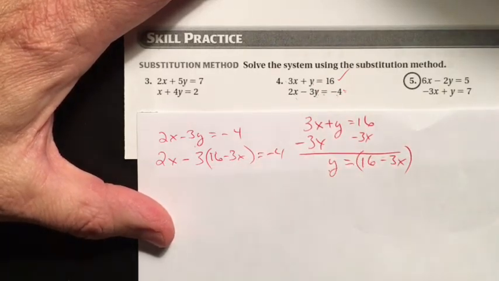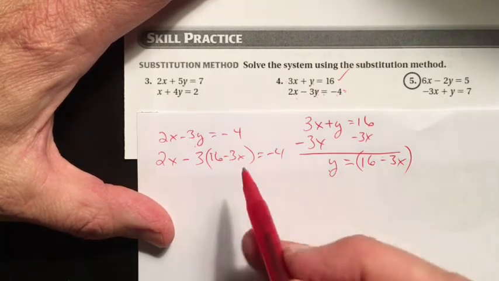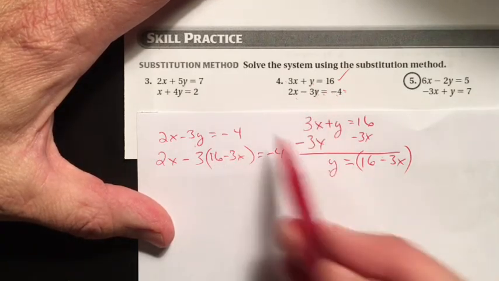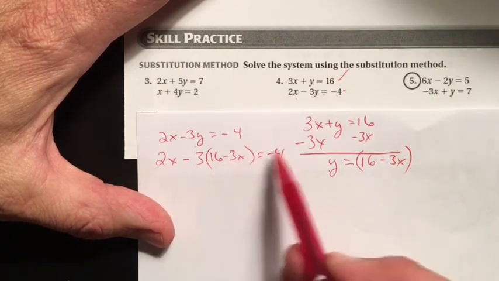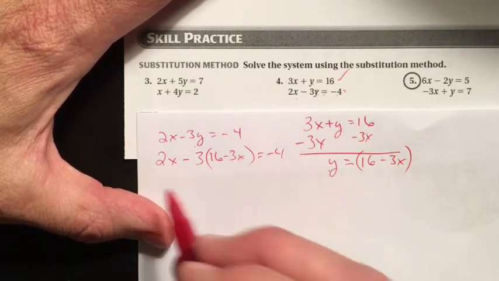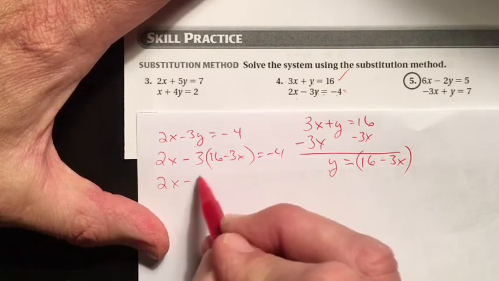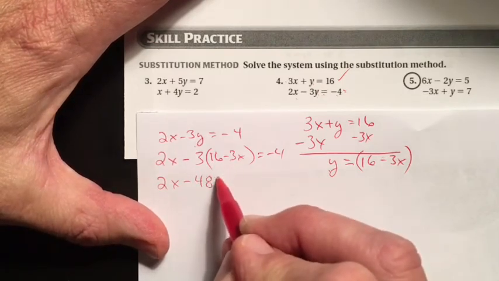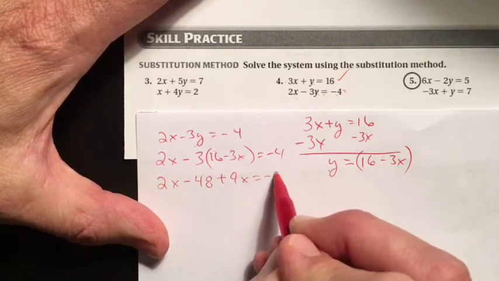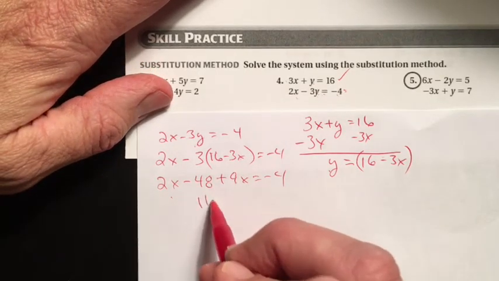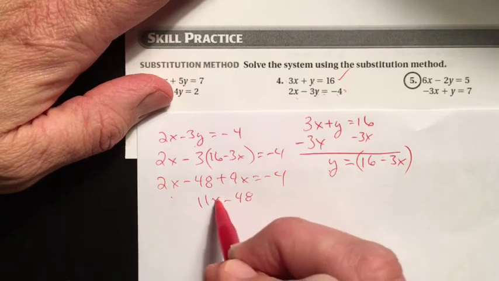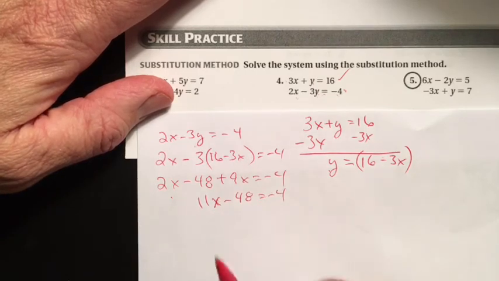Take a moment to make sure you have the whole equation represented. One variable now, and you can easily find that value. So 2x minus 48, wow, plus 9x equals negative 4. Combine 9x and 2x, I got 11x minus 48 equals negative 4.